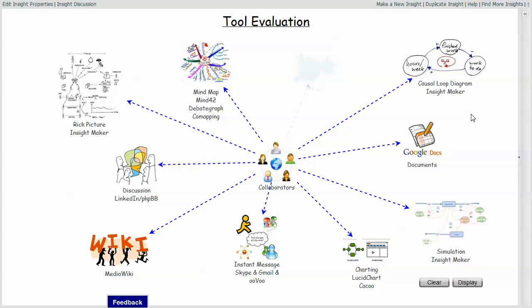For causal loop diagrams, also Insight Maker, and as a presentation package, Prezi seems to be quite slick in terms of the ability to produce a presentation that can be very captivating as opposed to the rather stale kinds of presentations that are usually developed with something like Microsoft PowerPoint.